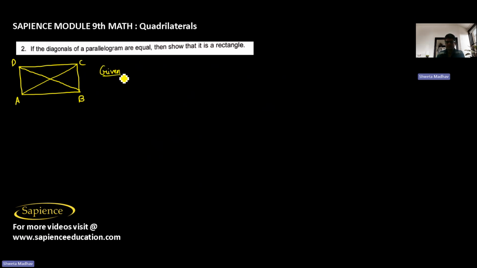So it is given that in parallelogram ABCD, the diagonals AC and BD are equal.